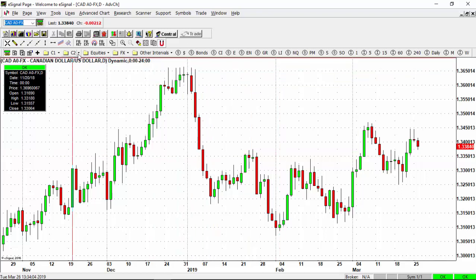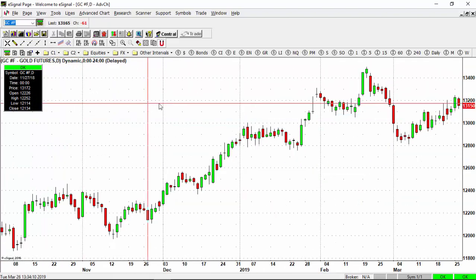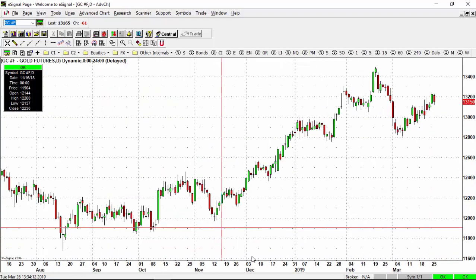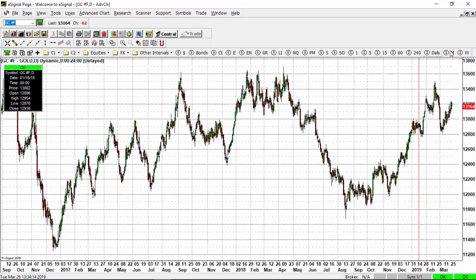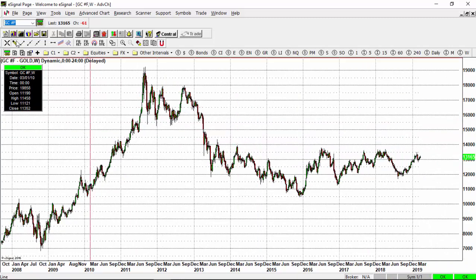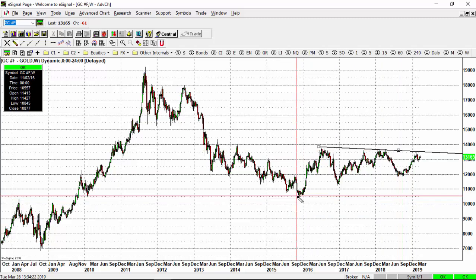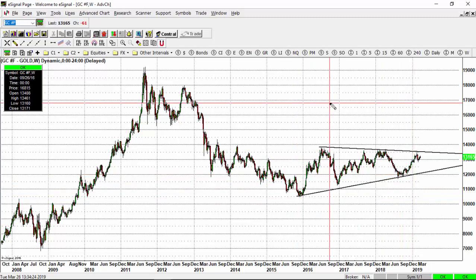Elsewhere, looking at an alternate market that I know a lot of people have interest in, and this is the gold market. Just to take a look at what gold is doing, we're in a massive consolidation pattern with gold, and I believe there will be opportunities in the gold market.